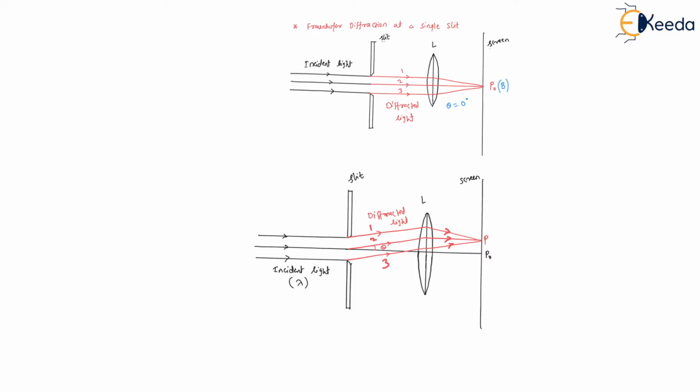So now no doubt the nature of this point P will depend on the path difference of the secondary wavelets which originate from this wavefront. To check the intensity of point P, we will first find the path difference between these secondary wavelets.